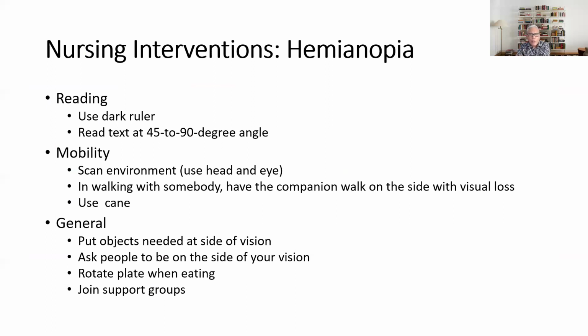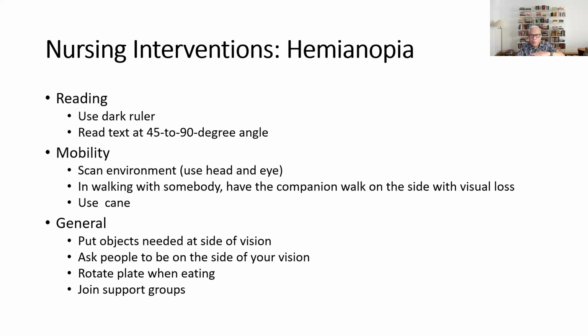All right, so what are some of the interventions for hemianopia in general? Well, reading can be challenging for patients with hemianopia, but you could assist them by using a dark ruler to mark where the sentences are.